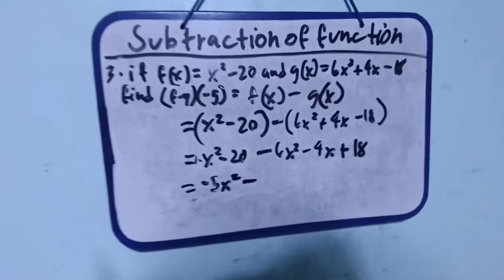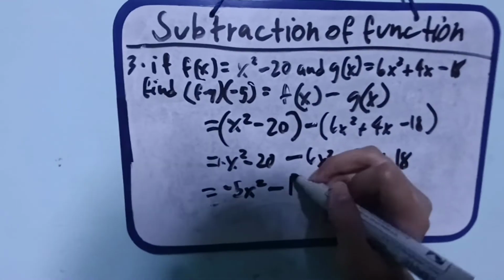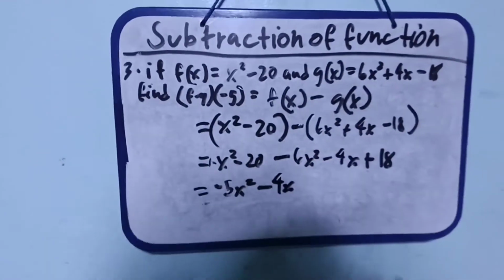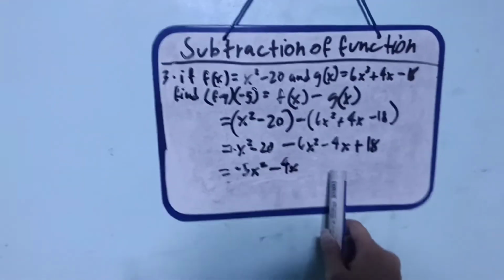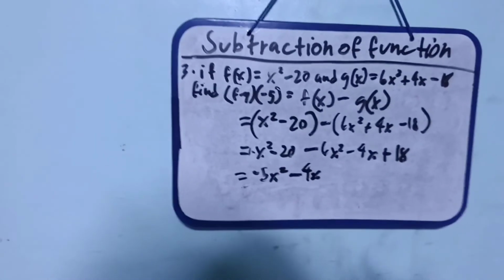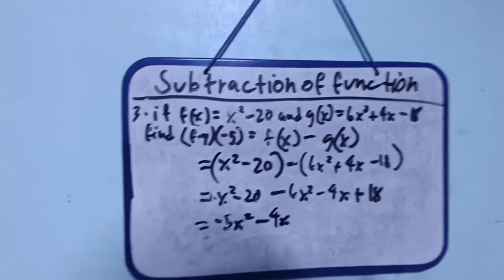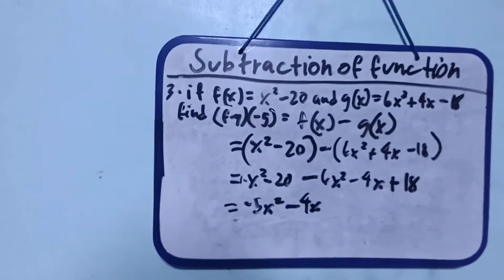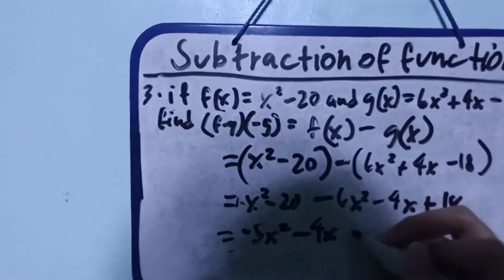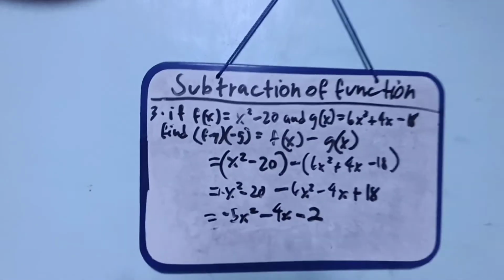Next step is 4x. May kapareho ba yung 4x? Wala. So, copy lang. And next, itong 20. So, negative 20 minus 18, minus positive 18. That would be negative 2. Paano siya naging negative 2?